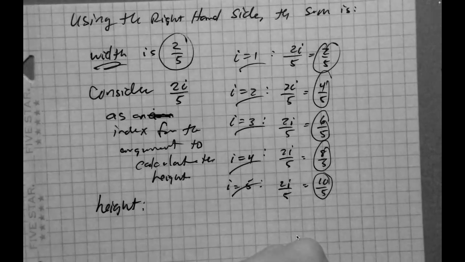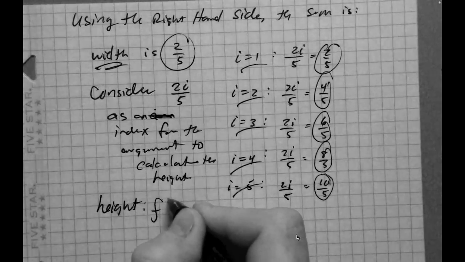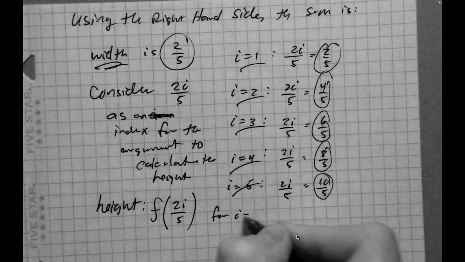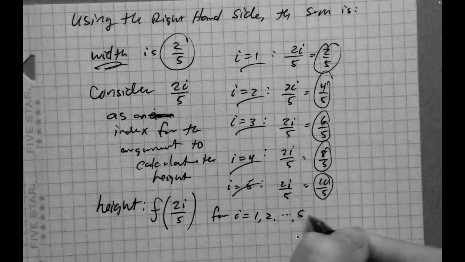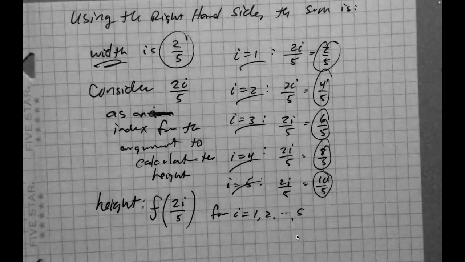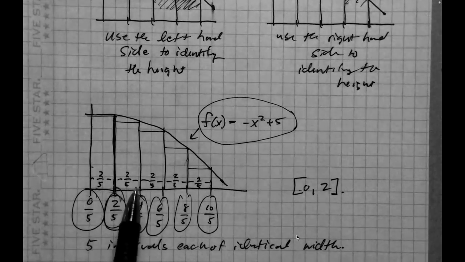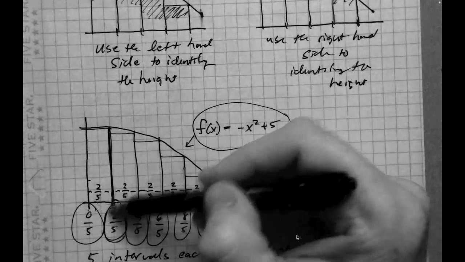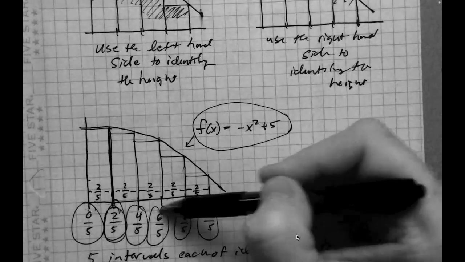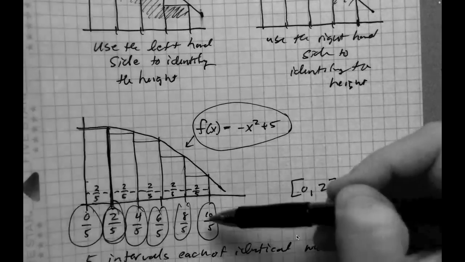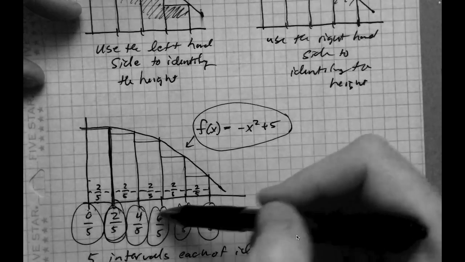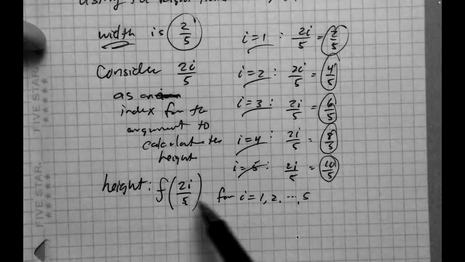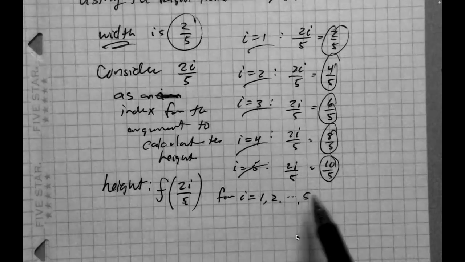The height is going to vary, but it's always going to be the function evaluated at 2i over 5 for i equals 1, 2, all the way up to 5. So the height is the function evaluated at 2/5, then 4/5, 6/5, 8/5, 10/5. A convenient way to write this is f of 2i over 5 for i equals 1, 2, 3, 4, 5.